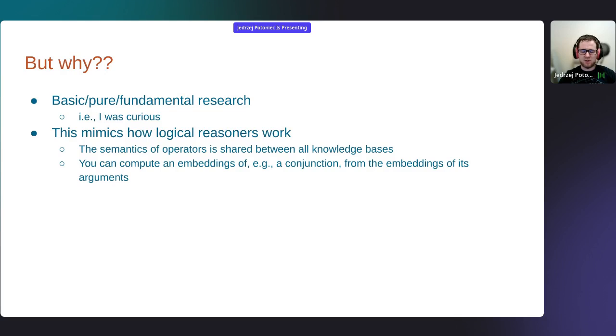So for example, given two embeddings for two concepts, again C and D, we can compute an embedding of their conjunction, C and D. We don't need to train this embedding. Once the embeddings for C and D are trained, the embedding for their conjunction, for their union, etc., is already, let's say, fixed and can be computed.